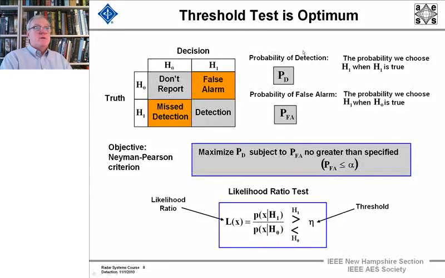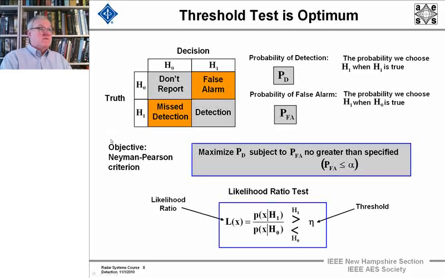The probability of detection is the probability we choose H1, that there's a target present, when that is true. And the probability of false alarm is the probability we choose H1, that a target is present, when there's noise only.